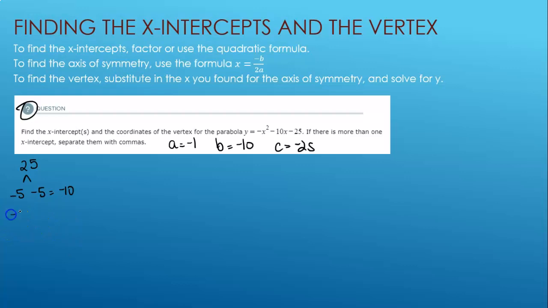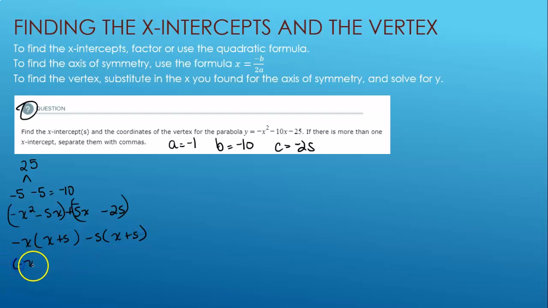If I'm going to factor, this is negative x squared minus 5x minus 5x minus 25. I'm grouping my first two with my second two. Notice how I put that negative inside the parentheses. These have in common a negative x, so if I take out a negative x, that leaves me with x plus 5. If I take out a negative 5 here, that also leaves me with x plus 5.